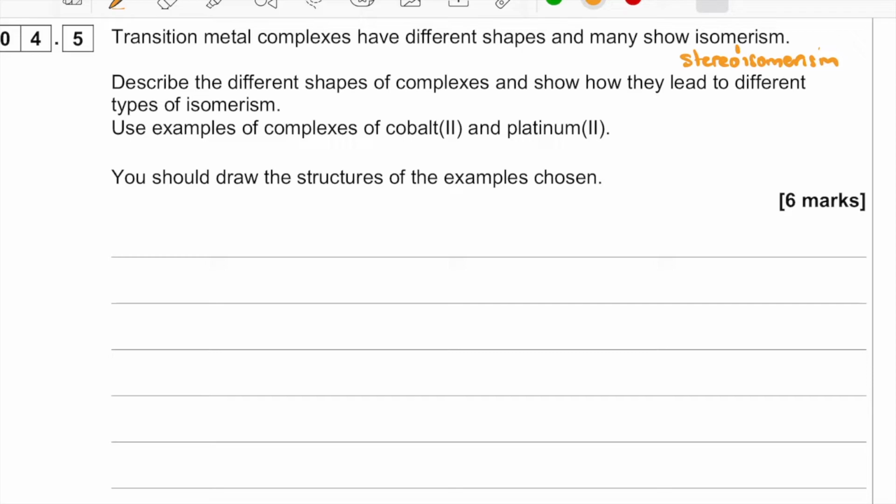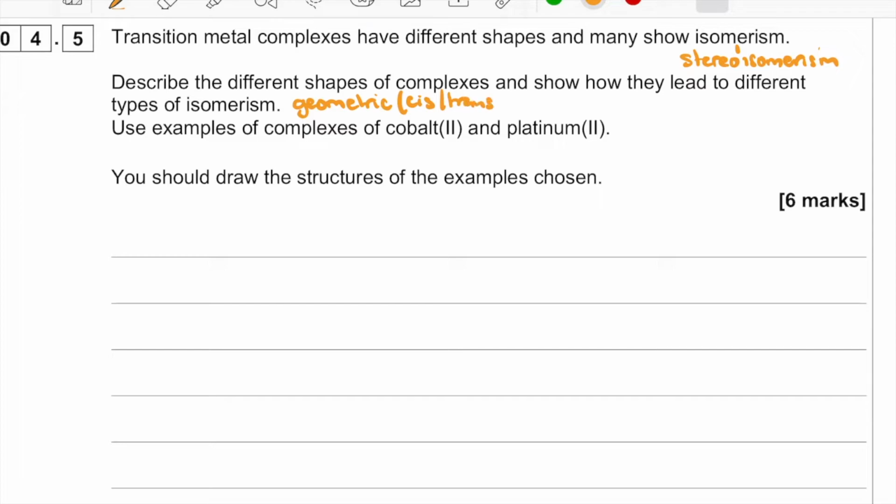Okay, so that's about different arrangements in space. And they're talking about shapes, so shapes clearly matter when it comes to stereoisomers. Shapes of complexes and show how they lead to different types of isomerism. So we've established it's stereoisomerism, and now they're telling us it's different types of isomerism. So this is about the different types of stereoisomers. So we have 2. We have geometric, and what we're really talking about here is cis-trans.